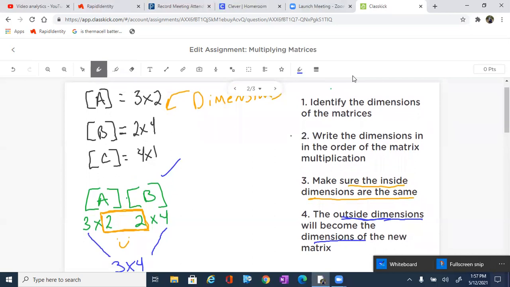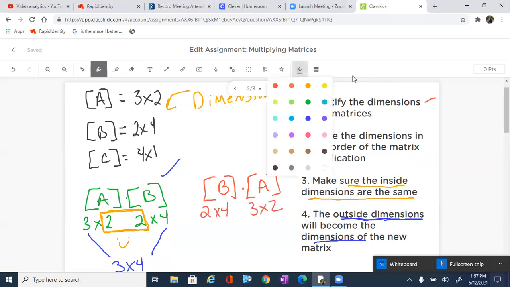Now let's look at it a different way, in terms of B times A. If I took B and multiplied it by matrix A, could I get the same result or a different result? B is a 2 by 4, so I do the exact same process. I identify the dimensions and write them in order, and then I write A, which is a 3 by 2.